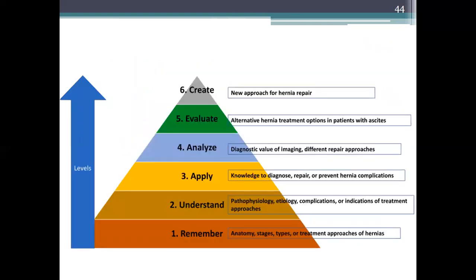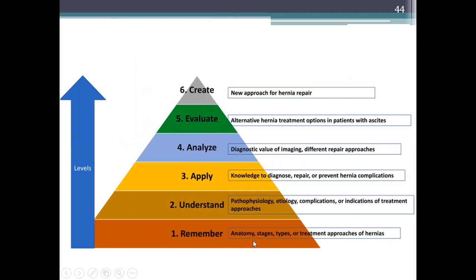So this is the summarization of all the levels using the example of hernia. If we look at this pyramid, remember that as we go to the top of the pyramid, the complexity, difficulty, and level increase and are enhanced in all these parameters.